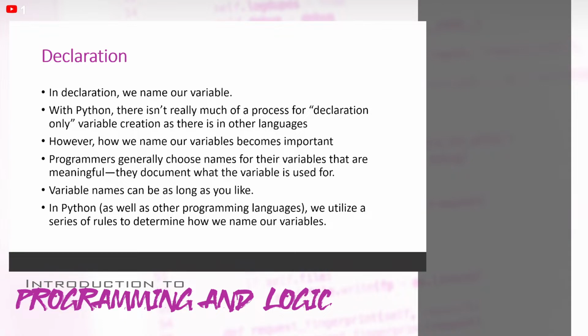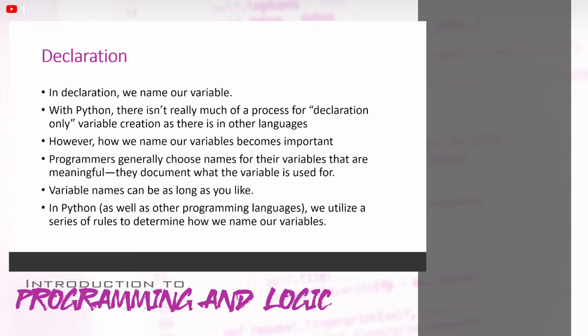And as a result, one of the things that becomes super important to us as we're writing Python is this idea that our variable names are super important. Because we can name them whatever we want within certain restrictions. The variable names can be as long as you want them to be.